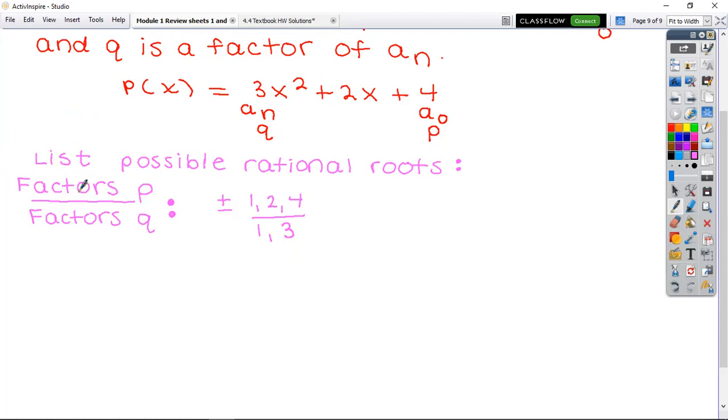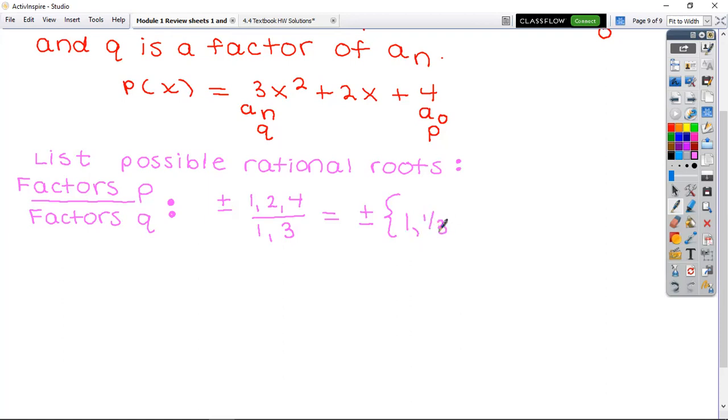So then what I do is I create a big list out of this. So I'm going to put my plus and minus in the front. And then I'm going to just list all the combinations. So to do this, I am going to take the top here and I'm going to do 1 divided by 1, which is just still 1. Then I'm going to do 1 divided by 3, which is 1/3.